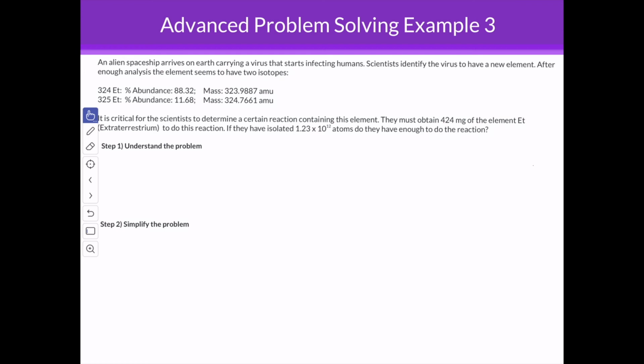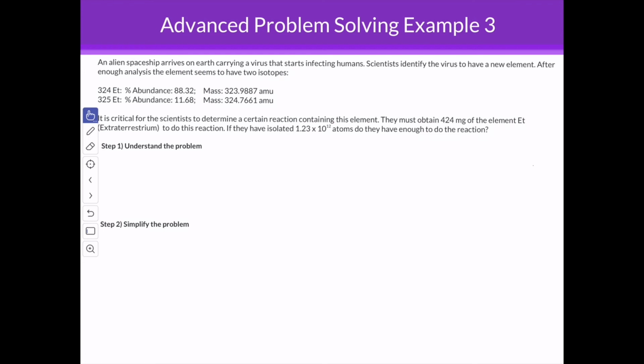And then we skip straight to a scenario where we have this reaction that they need a certain amount of this element for. And we know that they need a certain number of atoms, and we want to know, based on that number of atoms, if they have enough, given that they need a certain number of milligrams.